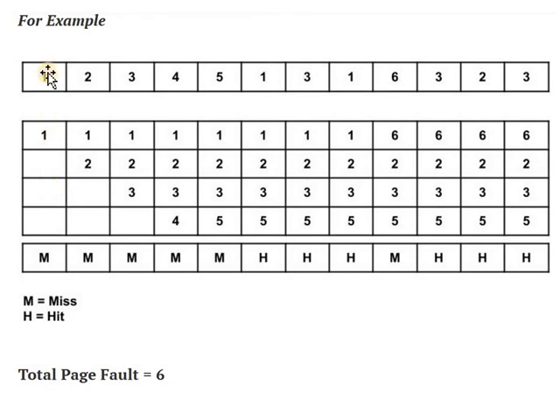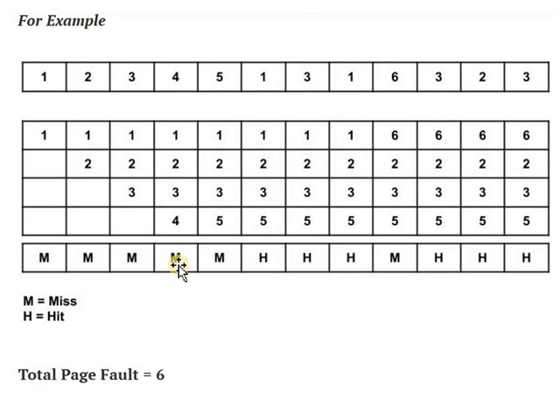Whenever 1 comes, it is allocated to the first empty slot. When 2 comes, it is allocated to the second free slot. Whenever the next 3 comes, it is again allocated to an empty slot, and when 4 comes, it is allocated to the next free slot. Here the misses occur because the pages are not available in memory.